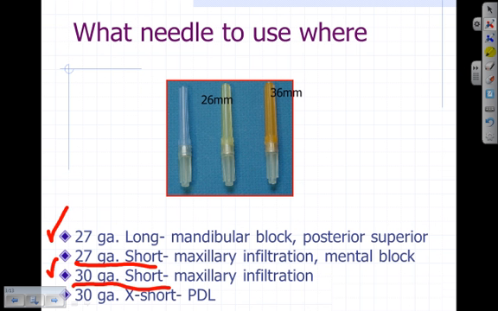Keep in mind that the larger the gauge, the larger the diameter. So 27 is a larger diameter than 30. That needle will stay sharper. And that's important when there's the need to re-inject the patient using the same needle.